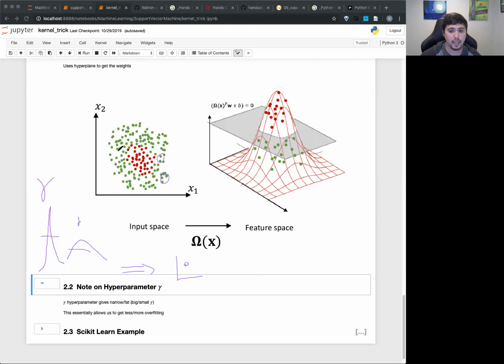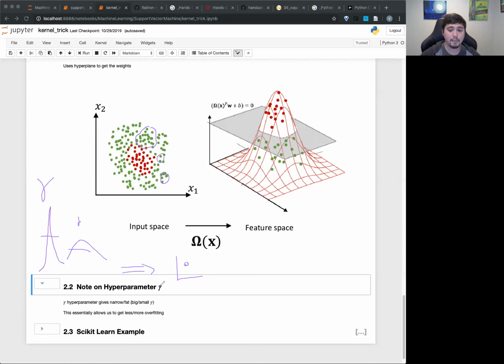Or if you had a small gamma, they'd look more like these gentle curves. So they're a lot less sharp, versus when it's very large gamma, you'll tend to see very small circles that are very close to data points because they're being pulled up really high and then being cut. So hopefully that makes it a lot narrower. Okay. Does that make sense?